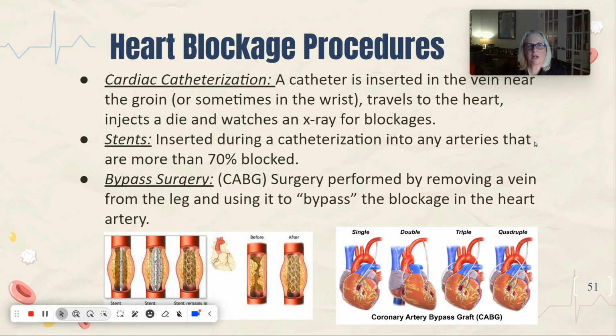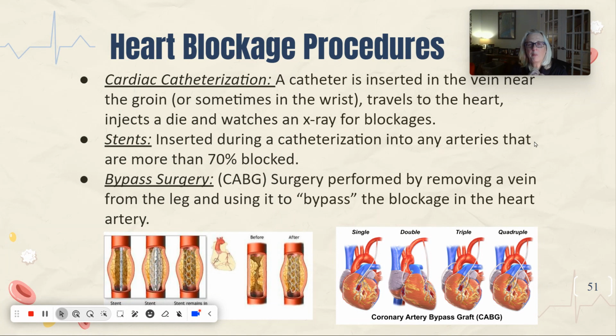A catheter is just a name for a tube. Okay, so a special type of catheter is inserted in a vein near the groin area. Sometimes they use the wrist. And then it travels up to the heart where the doctor will inject some dye into those arteries that surround the heart and they'll watch it in real time under x-ray. Okay, so this is the cardiac catheterization.